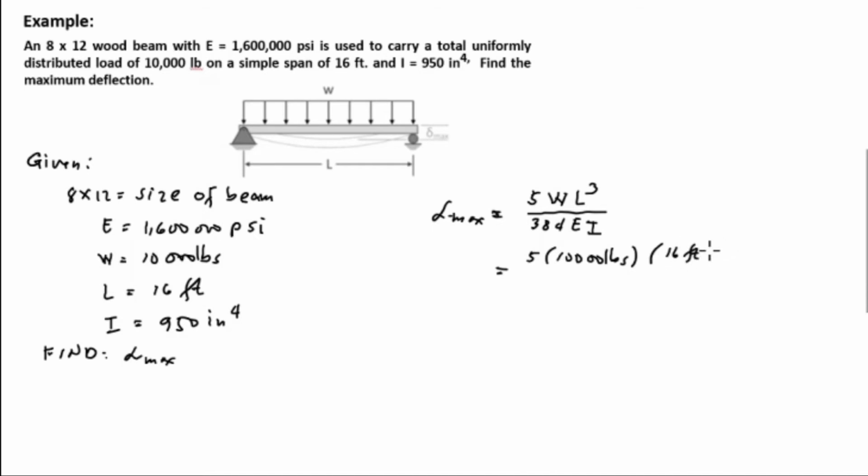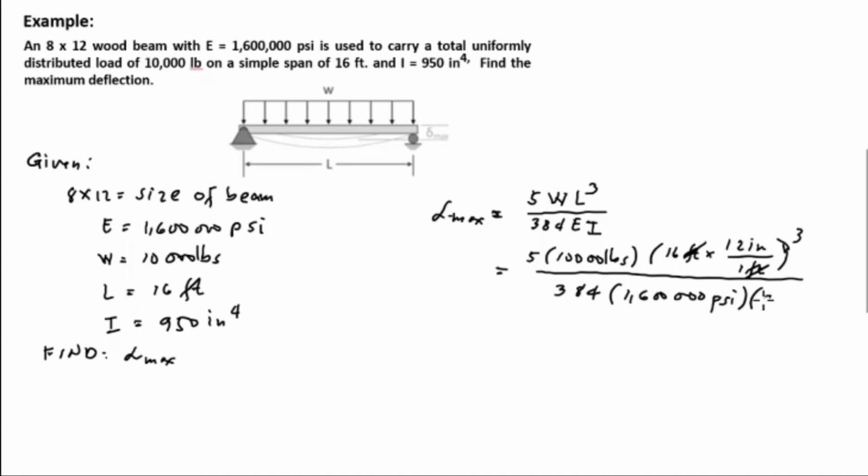Then we convert 16 feet to inches, so 1 foot is equal to 12 inches, and we divide by 1 foot, close parenthesis, cube, cancel out foot, and then we divide by 384 times E, which is 1,600,000 psi, and I, which is 950 inch exponent 4.